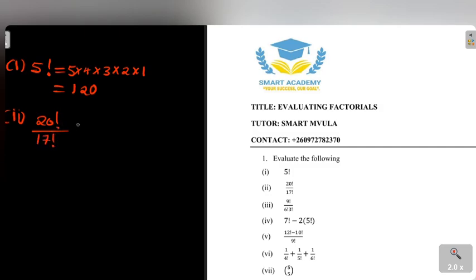So for this type of equation, since we have a fraction, the first thing that you do, you look at the bigger factorial, which is 20 factorial. So you're going to reduce this bigger factorial, 20 factorial, to 17 factorial.